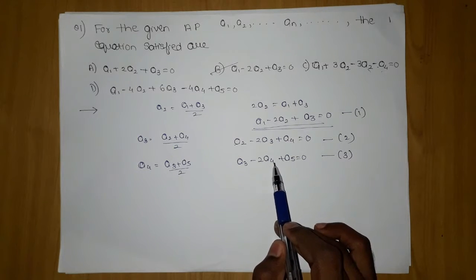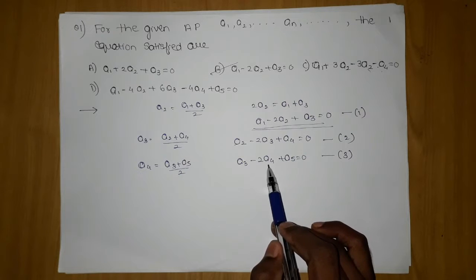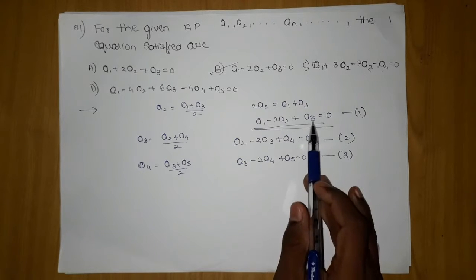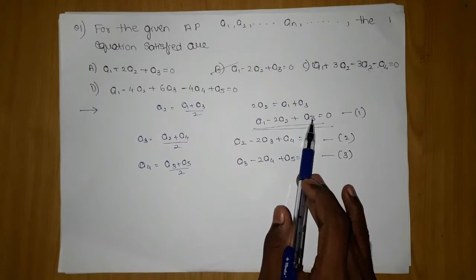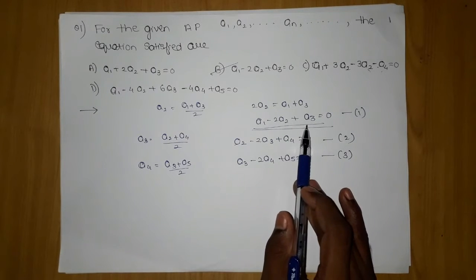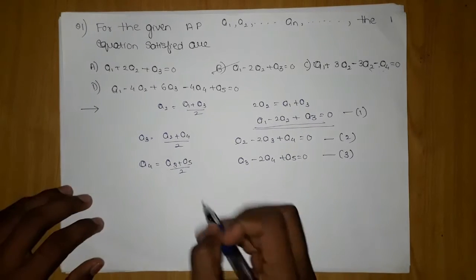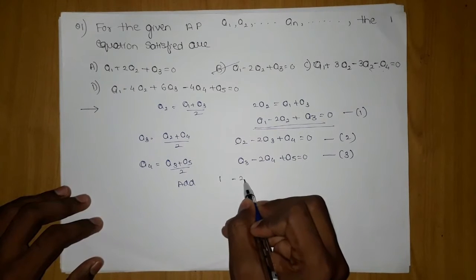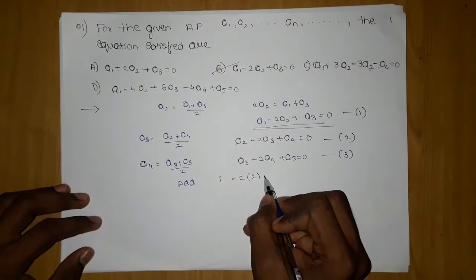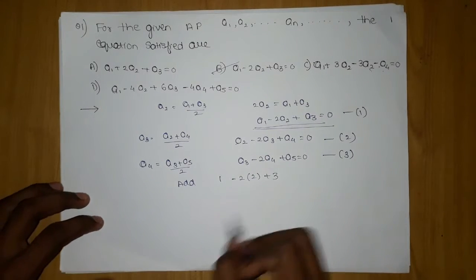If I add this one, minus this will cancel out, but plus 6A3 we are not getting. So what should we do? Let's add 1 and multiply 2 with 2, subtract it and then add 3.